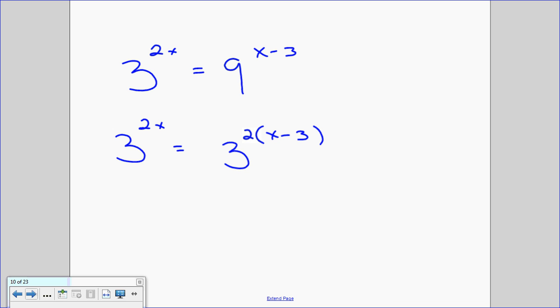And so then what I'm going to end up with is 2x equals 2x minus 6. So we're just dropping the exponents, much like we drop the logs. Same idea. When I subtract 2x, I'll get 0 equals negative 6, and then I'll get no solution. This equation has no answer.